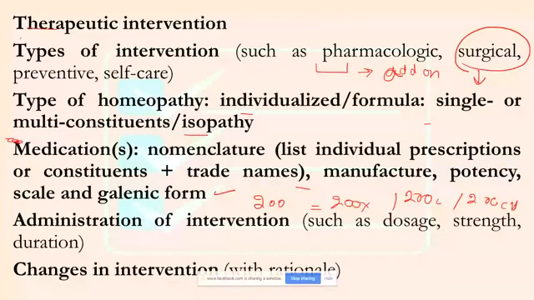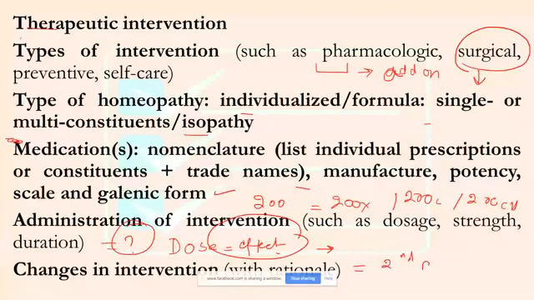The administration of intervention, such as dosage, strength and duration, how many doses you give. This is important because nowadays we are leaning towards dose and effect theory. Was it a single dose that created the effect, or were it multiple doses that created the effect? And what was the change in intervention? Change in intervention means second prescription.